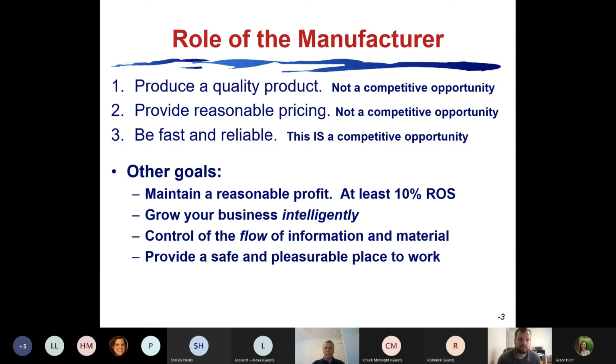Another goal of yours ought to be to provide a safe and pleasurable place to work and to minimize the chaos. You know, that's hard to do in the countertop industry. We've worked with 80-something clients over the years in this industry alone, and that's often what we hear first. People say, you know, this place is nuts. The chaos is just out of control, and it's very difficult to maintain a personal life because we have so much stuff going on that we can't deal with it all at the same time.